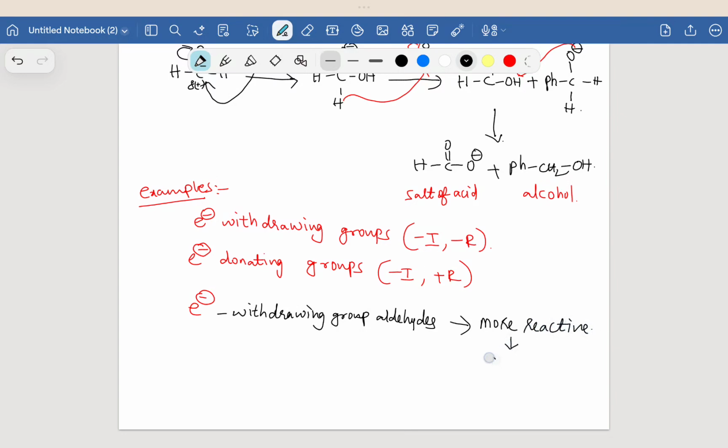More reactive means, you know already, an acid forms. Next, electron donating group aldehydes: what will they form? They are less reactive aldehydes, and less reactive means, you know already, alcohol forms.